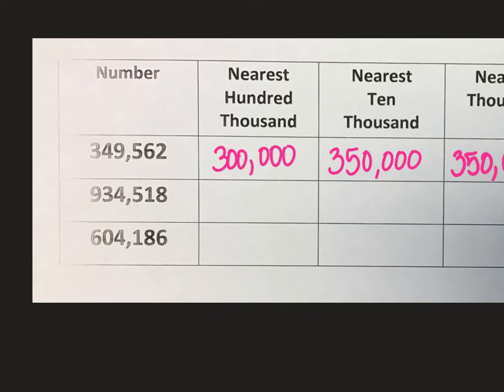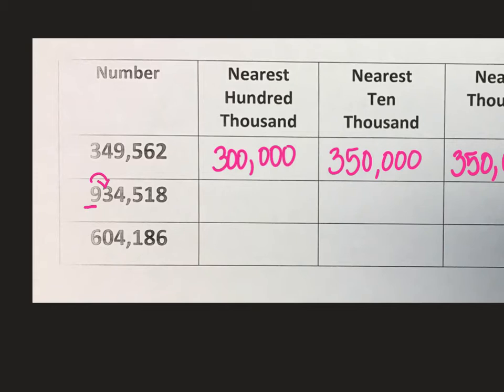934,518. We're going to round it to the nearest 100,000. So what digit am I going to underline? Avery? The 9. Then I'm going to draw an arrow and look at the 3. So if I'm rounding to the nearest 100,000, this number has to be rounded to 900,000 or 1 million, right? Because that's what comes after 900,000.